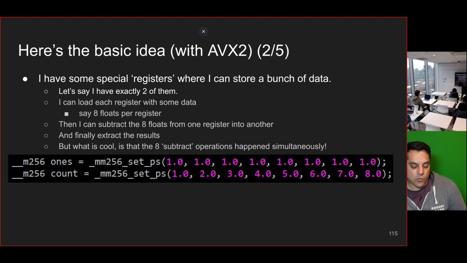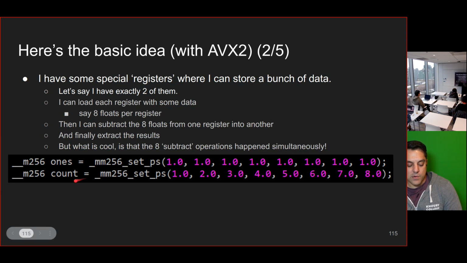So what does this code mean? Well, first and foremost, the variable at the front, __m256, means we have 256 bits of information. I have this variable I'm going to name ones, and then another one called count. And then I'm going to set these 256 bits in my ones with 1, so all of my 8 floating point numbers.